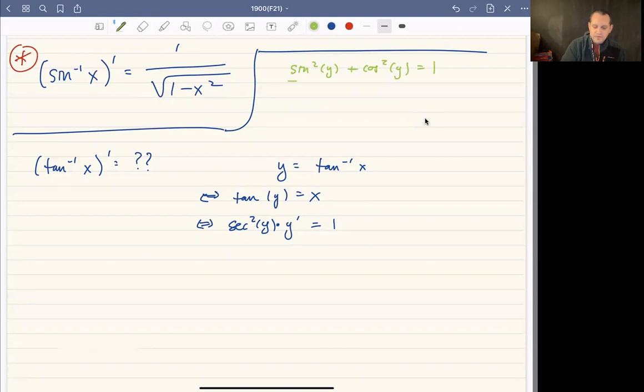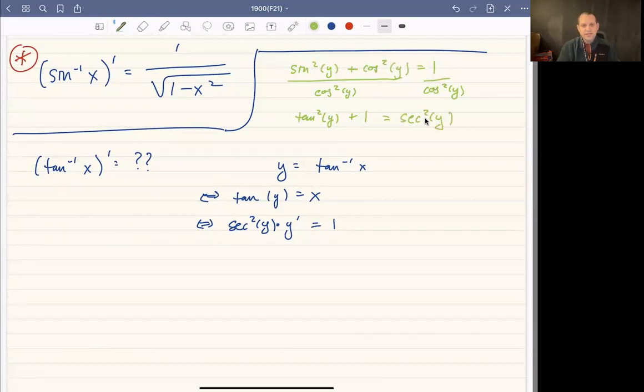So I'm going to divide both sides by cosine squared. And what we get is tangent squared, right? Because we have sine squared over cosine squared, plus cosine squared over cosine squared, so plus 1, is equal to 1 over cosine squared, or secant squared. So that's how that formula shakes out in terms of tangent and secant.